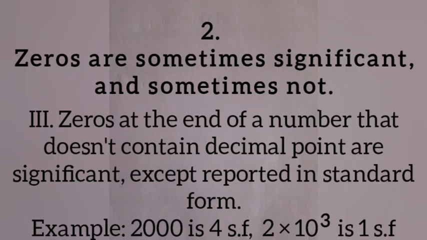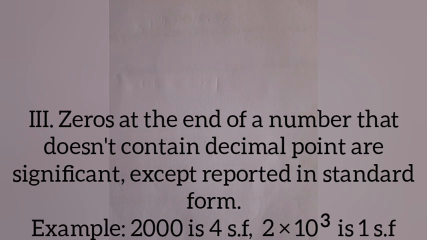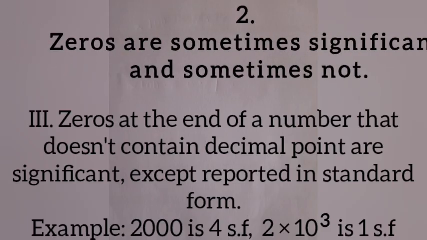Here is just one significant figure. So if a number does not contain a decimal point and the zeros happen to be at the end of that number, those zeros are significant, except if it is reported in standard form.